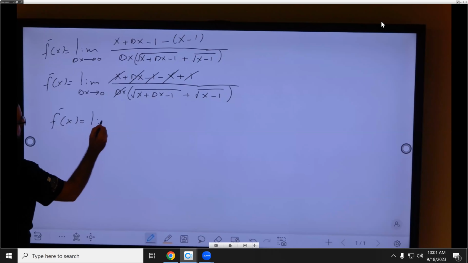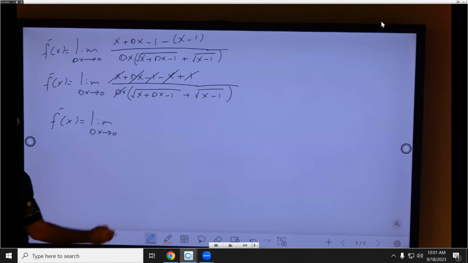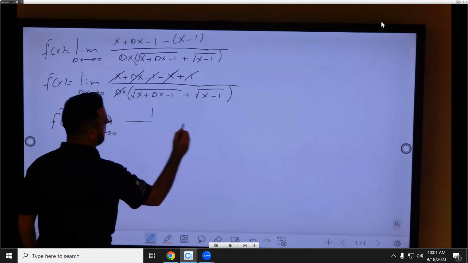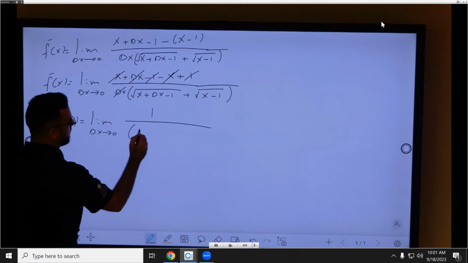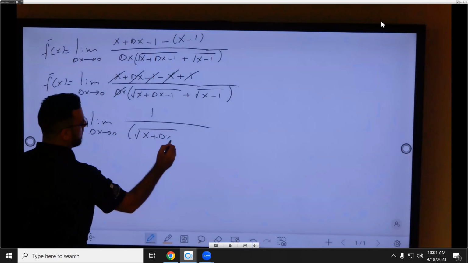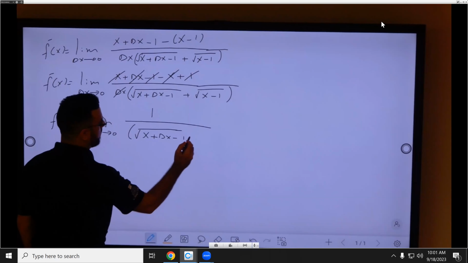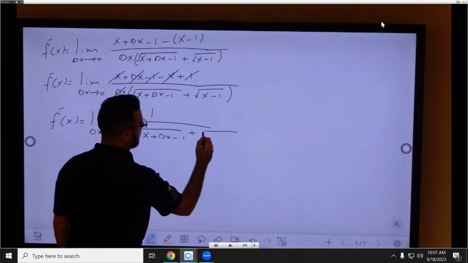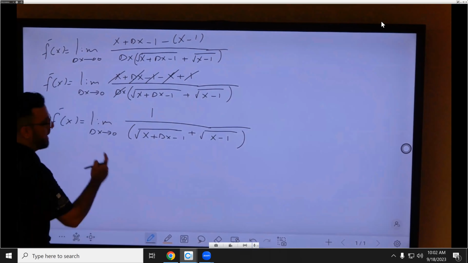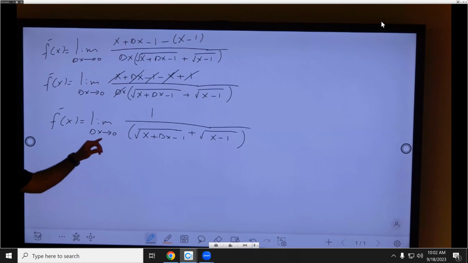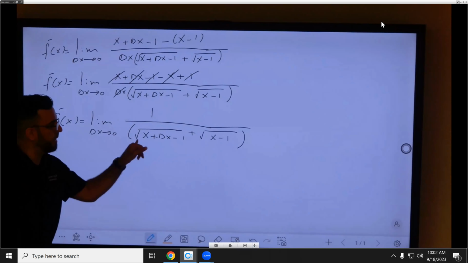It's going to be the limit as delta x approaches 0 of 1 over the square root of x plus delta x minus 1 plus square root of x minus 1. Now take the limit. If you plug in the limit 0, what's left here?